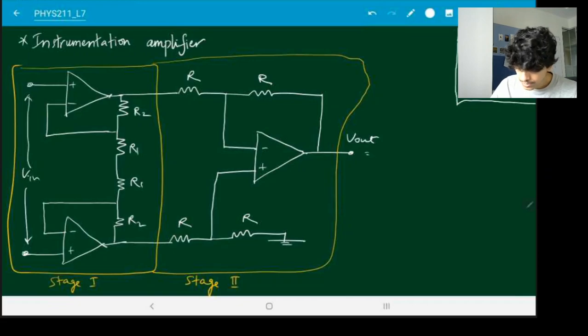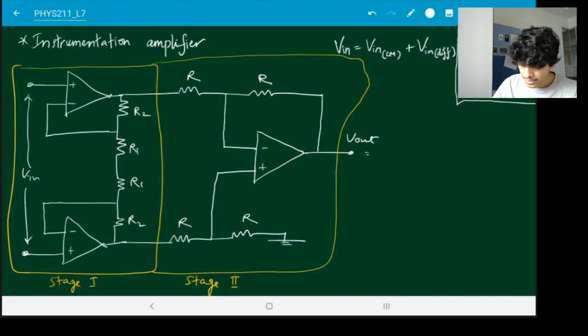So first, let's try and understand stage 1. What we'll do is, okay, so any input that we give can be broken up into two parts. One is the common mode part and one is the differential part. So this is basically exactly what we saw in our last tutorial session when we took that example of the pH meter.